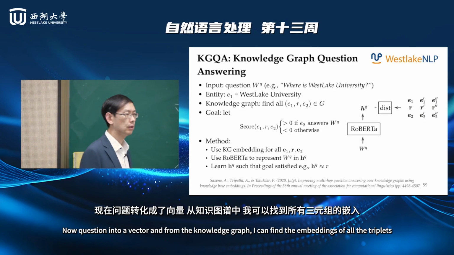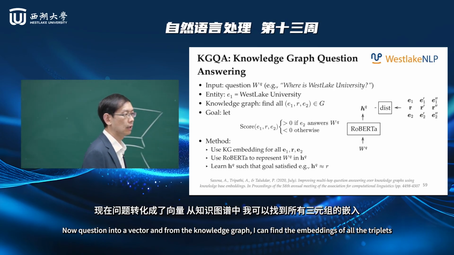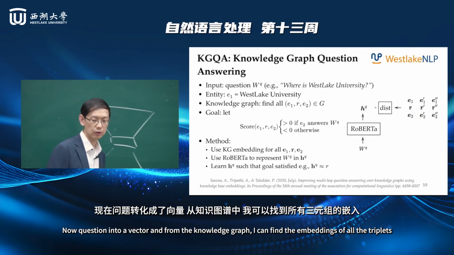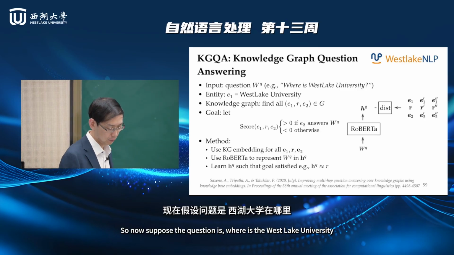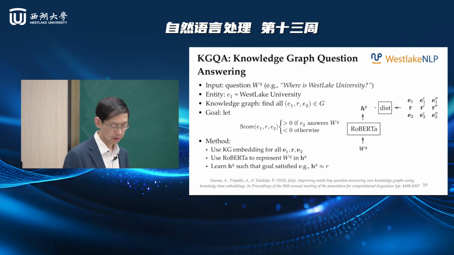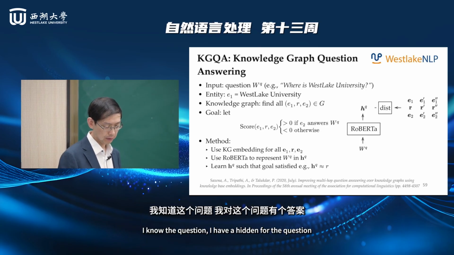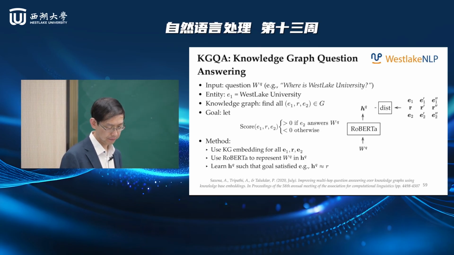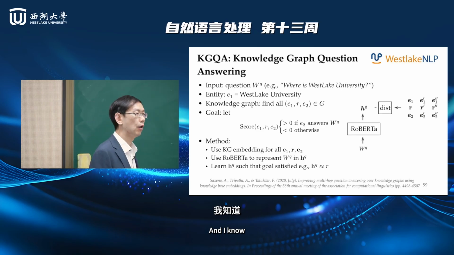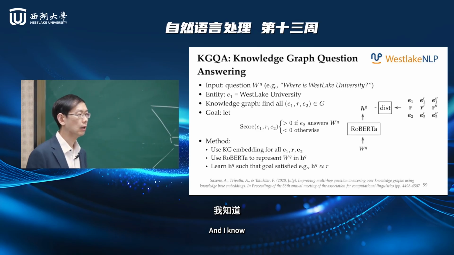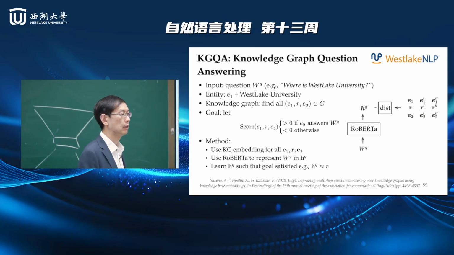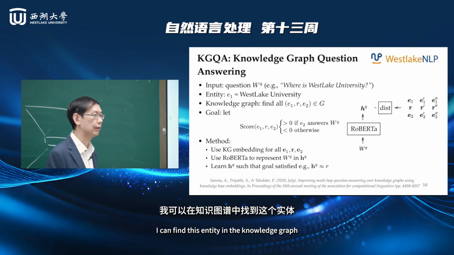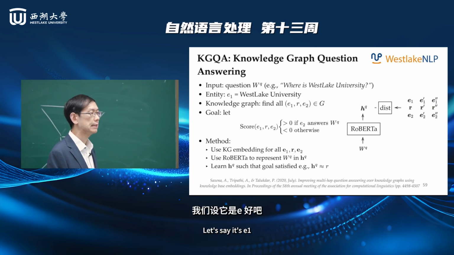And from the knowledge graph, I can find the embeddings of all the triplets. So now suppose the question is, where is Westlake University? I have a hidden state for the question. And I know the first entity, which is Westlake University. I can find this entity in the knowledge graph. Let's say it's E1, okay?